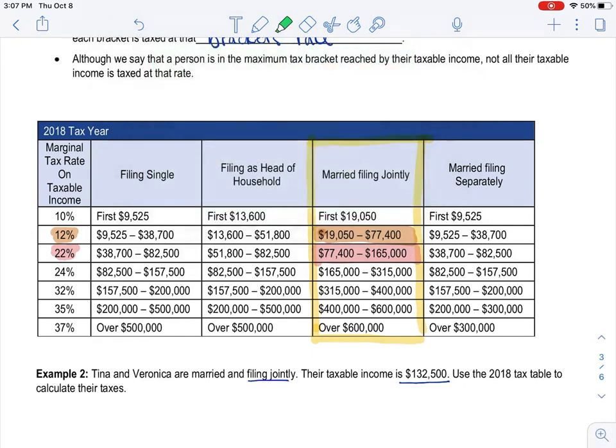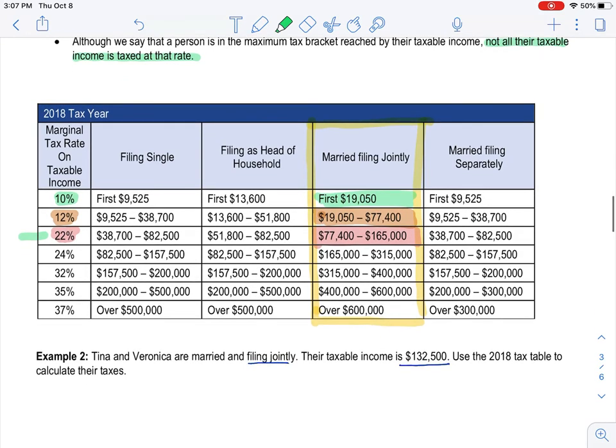And then the first $19,050 is taxed at 10%. So that's why I was saying not all of their taxable income is taxed at that same rate. They are in the 22% bracket, but certain values are taxed at different rates.